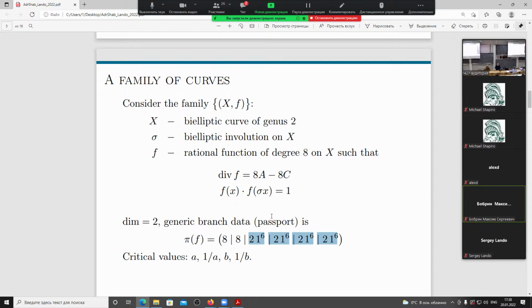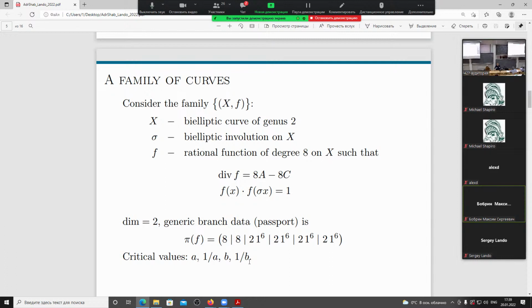And because we require an analog of self-duality of the graph, the critical values come in pairs. We have critical value A, for example, and 1 over A, B, and 1 over B.